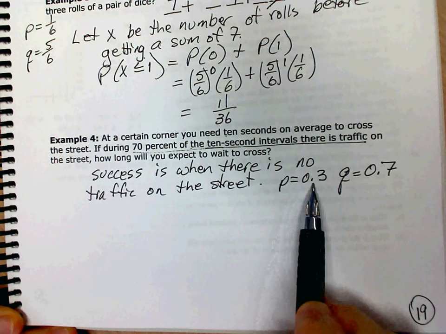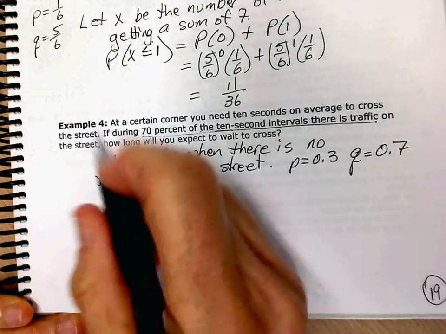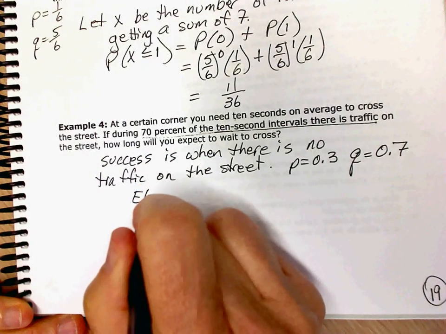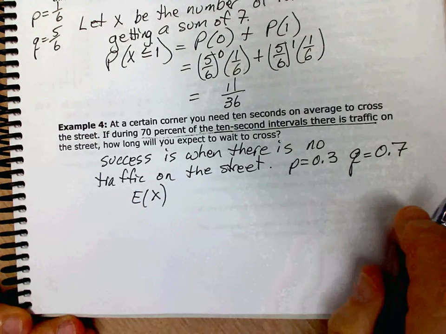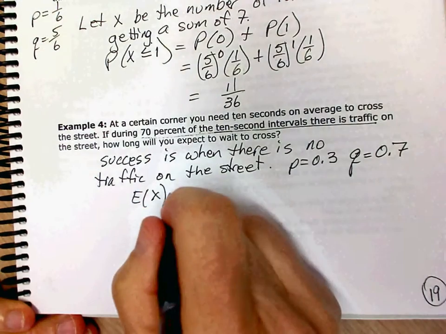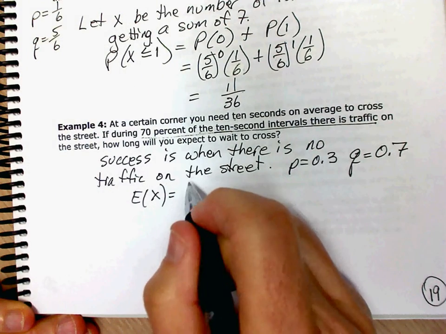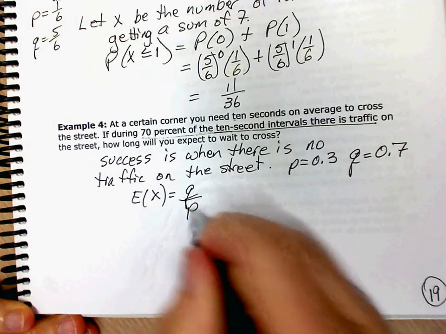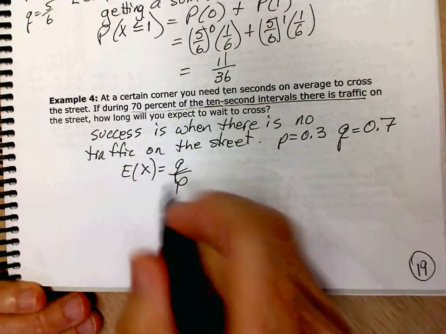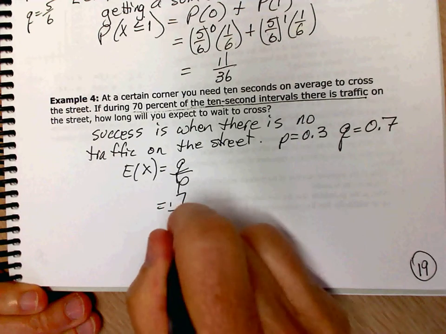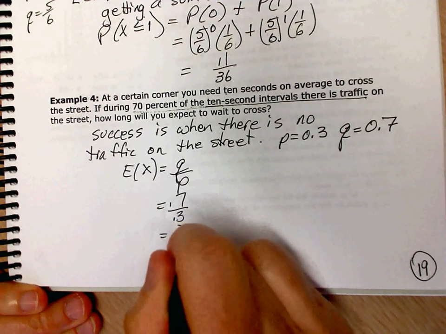The expected value of X is equal to Q over P, and that's 0.7 over 0.3. That's 7 over 3, which is about 2.3.